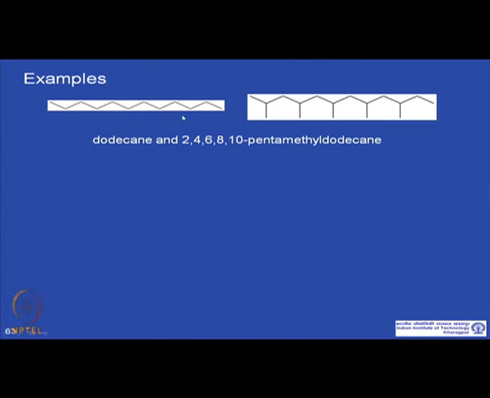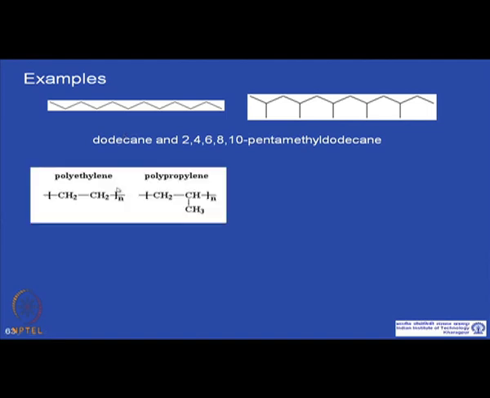Let us talk about two molecules, decane and a methyl substituted decane, like 2, 4, 6, 8, 10 pentamethyl decane. Now, if you mix these two molecules, they will mix easily, no problem. But similar polymers like polyethylene, if you increase this chain long enough, it will make polyethylene, and if you increase the chain on both sides long enough, it will make polypropylene, but they do not mix, they do not make a miscible blend.